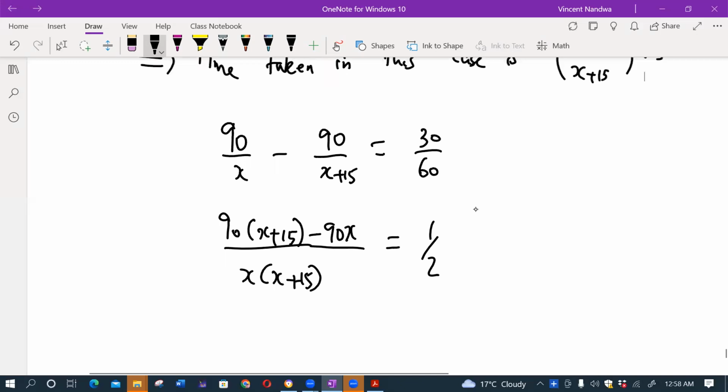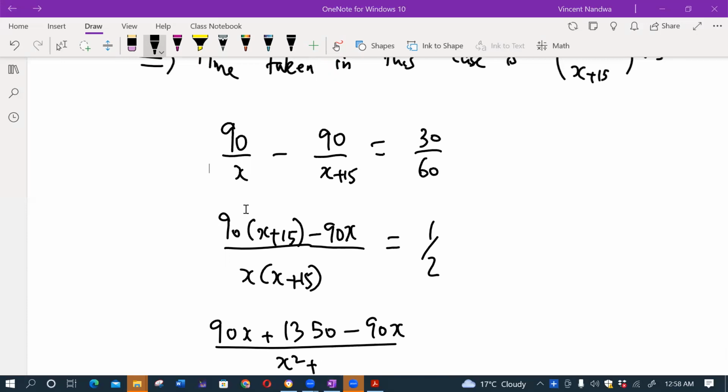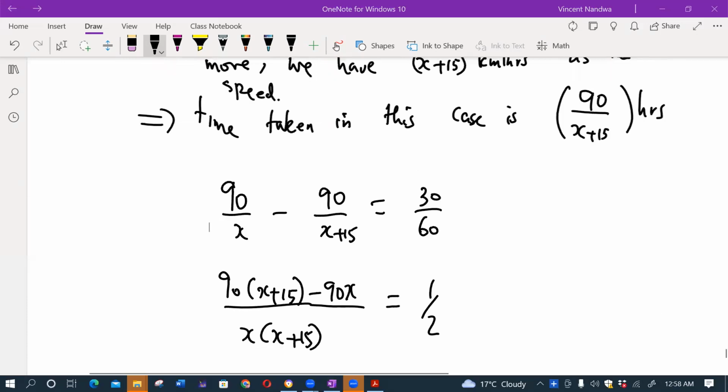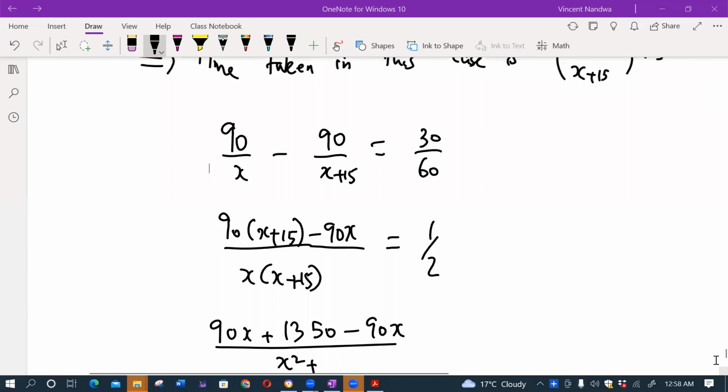So we'll have 90x plus 90 times 15, 1350, minus 90x over x squared plus 15x equals a half.